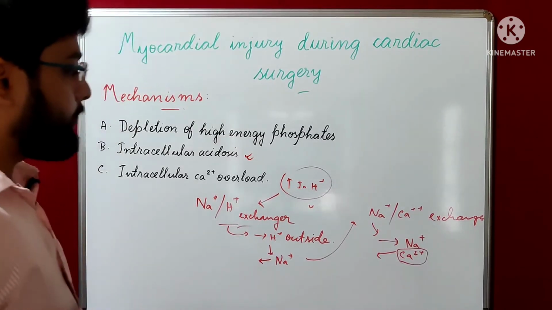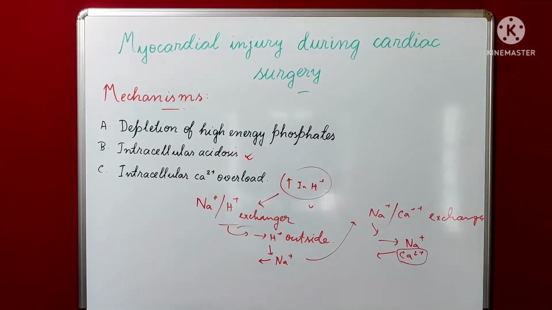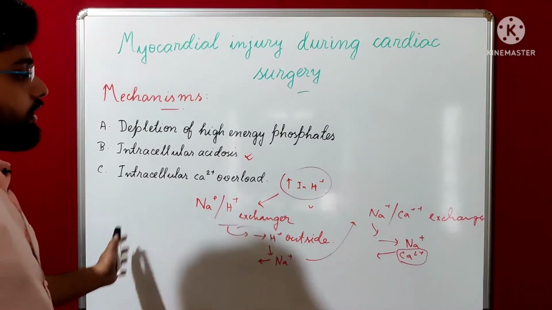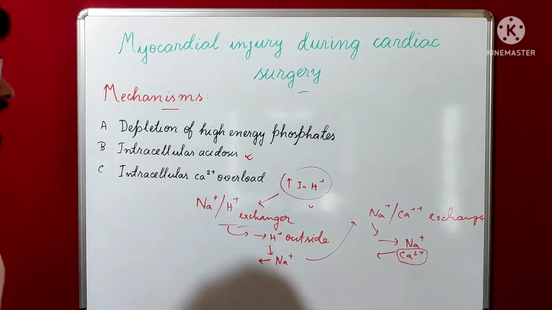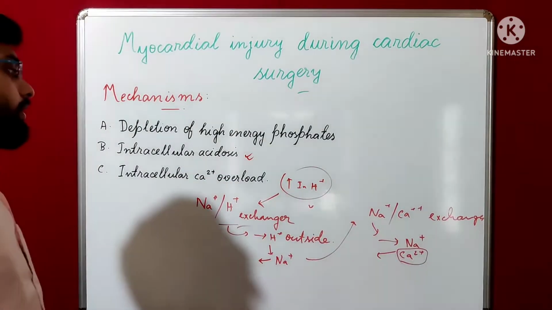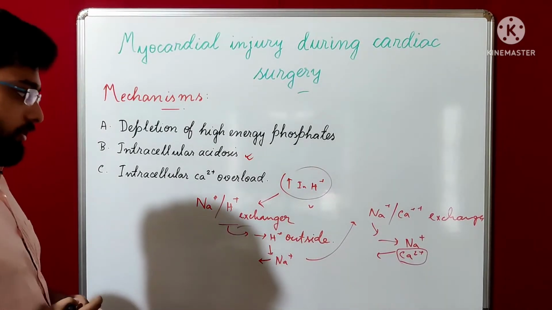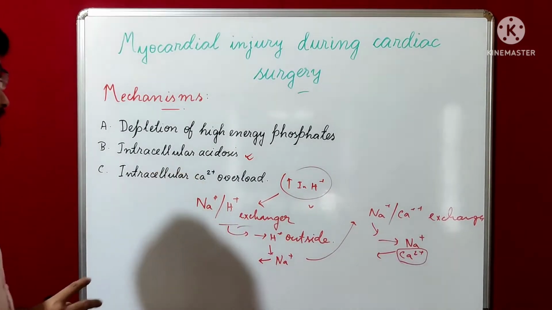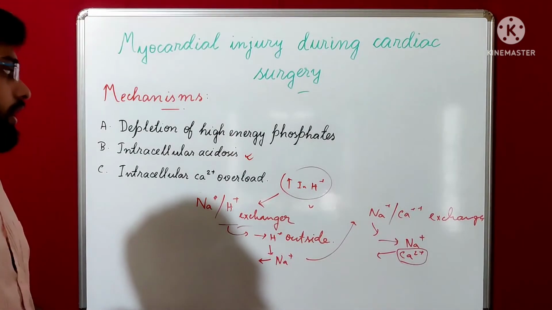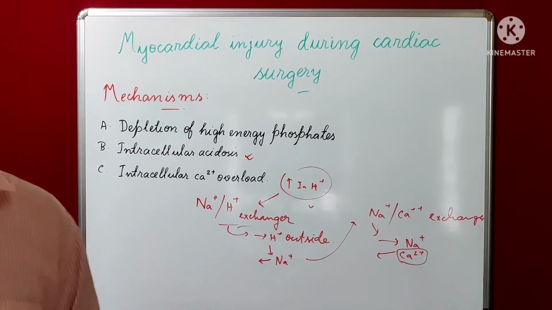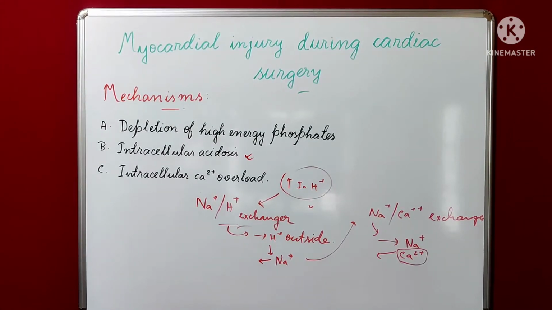There will be problems in contraction and relaxation, and the activity of enzymes will be prohibited by extra calcium ion concentration. Thus, overload of intracellular calcium ion will cause myocardial injury, and it is the most prominent cause of injury due to reperfusion.